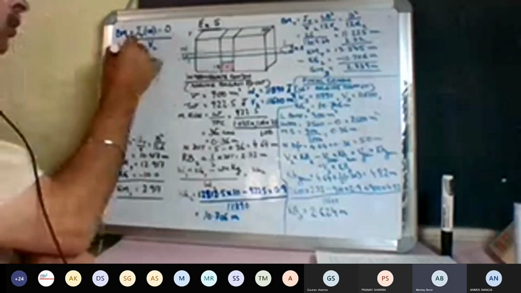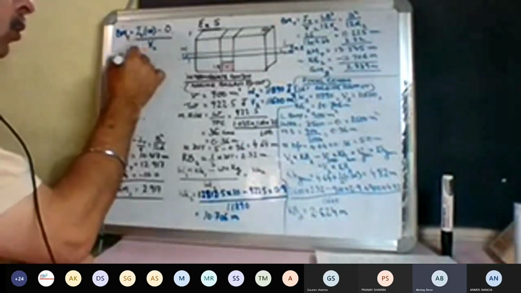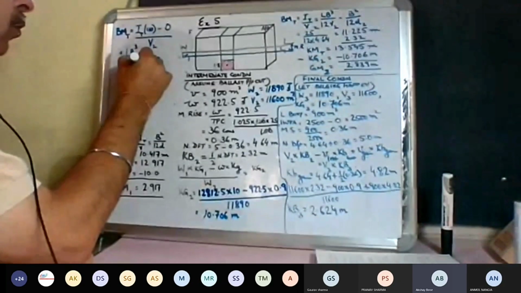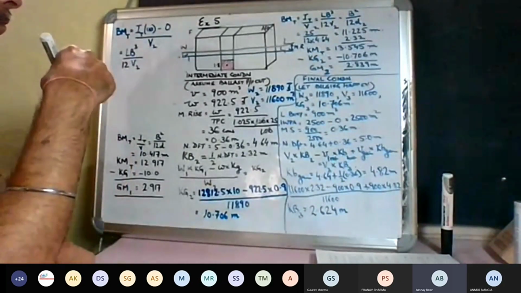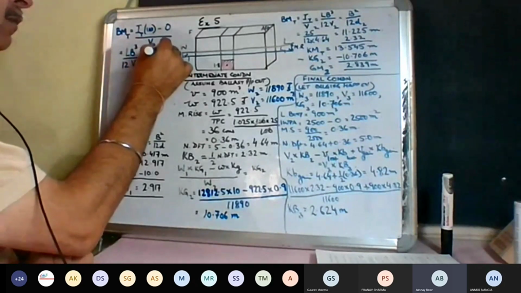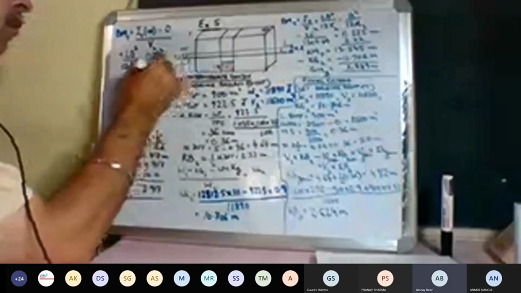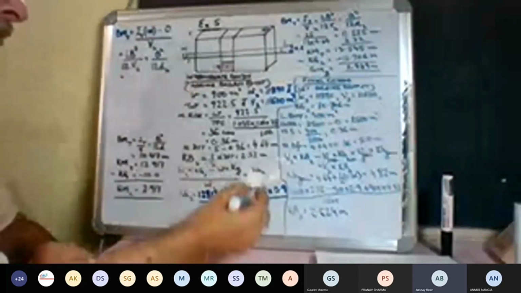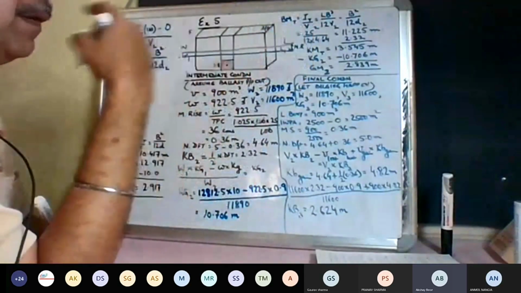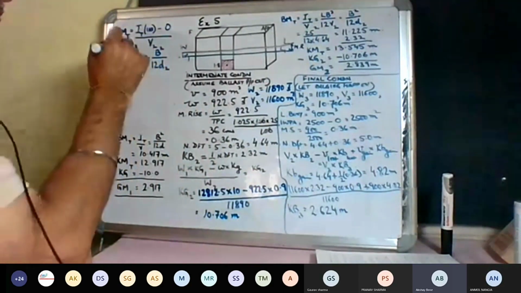Is equal to LB cube over 12 V2. Can I use B square by 12 D2? Same thing. Yes. So my BMT will be the same as this BMT, which was 11.225.